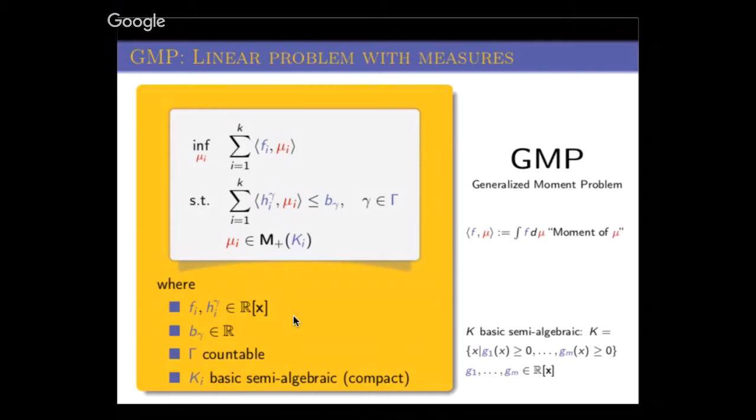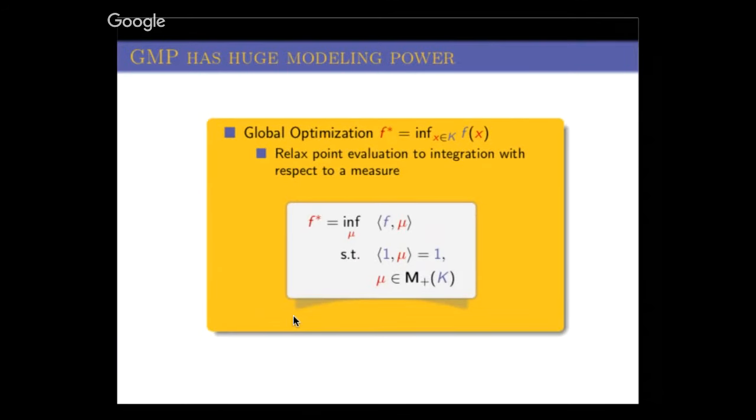So the easiest example, and probably the best known, is global optimization. I'm not saying global optimization is easy. I'm saying it's an easy formulation of the generalized moment problem. Basically, instead of searching for points that minimize your function, you search for integrals of your function.